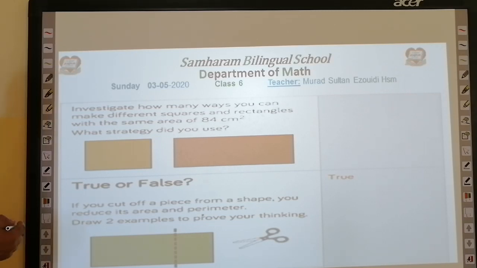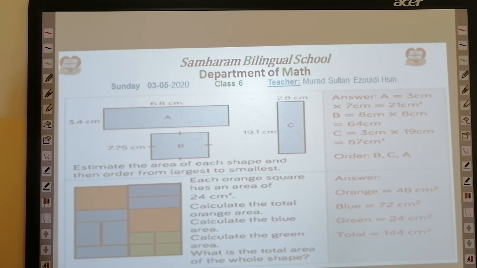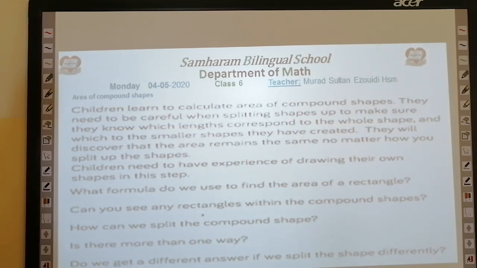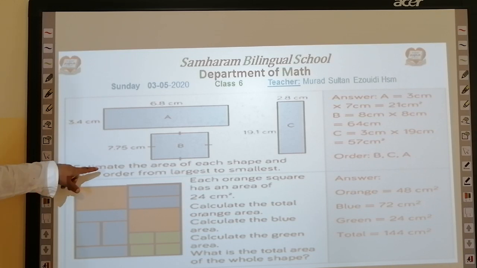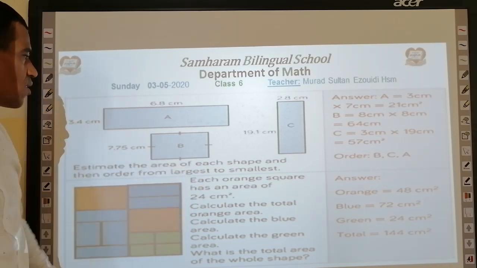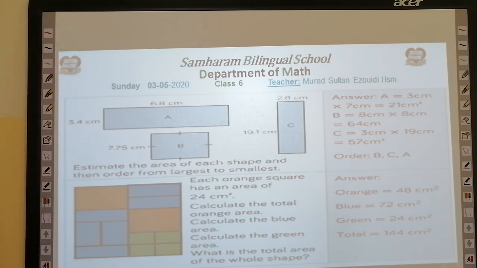Then the next question. Estimate the area of each shape and then order them from smallest to largest. First of all, what is the area of A?